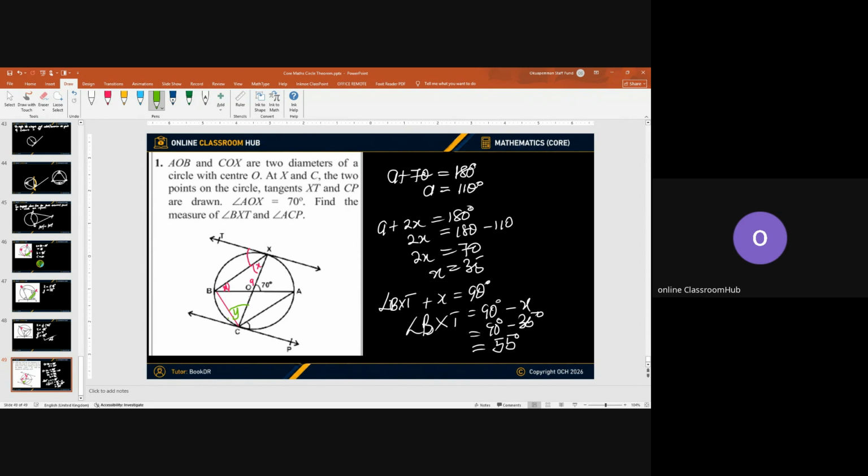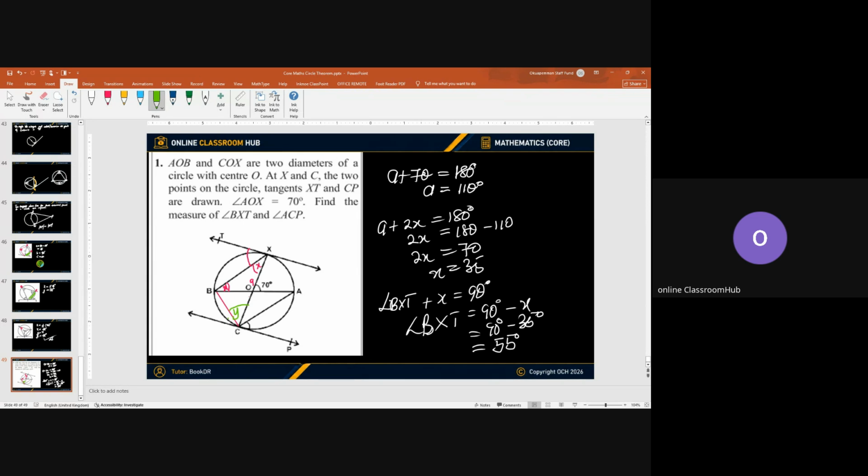Does BX subtend another angle? So now we know Y is subtended by BX.